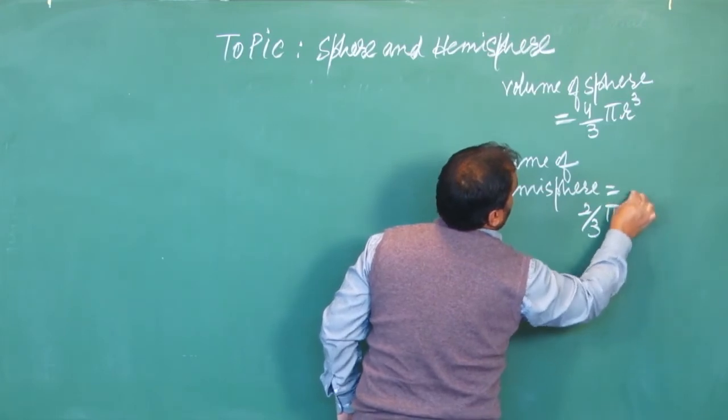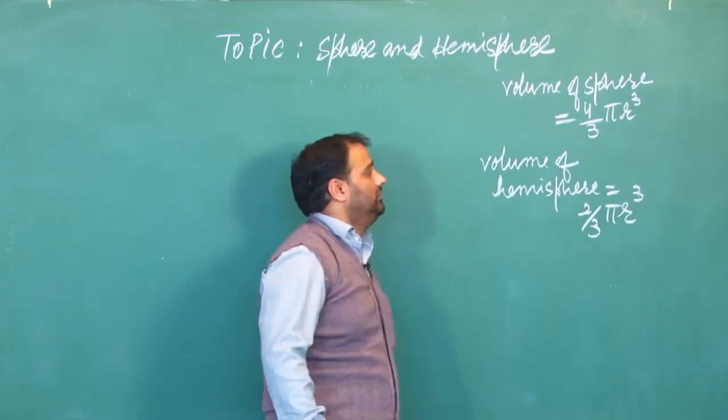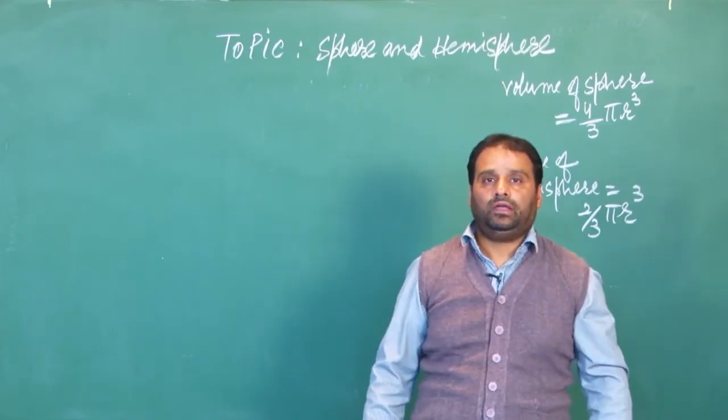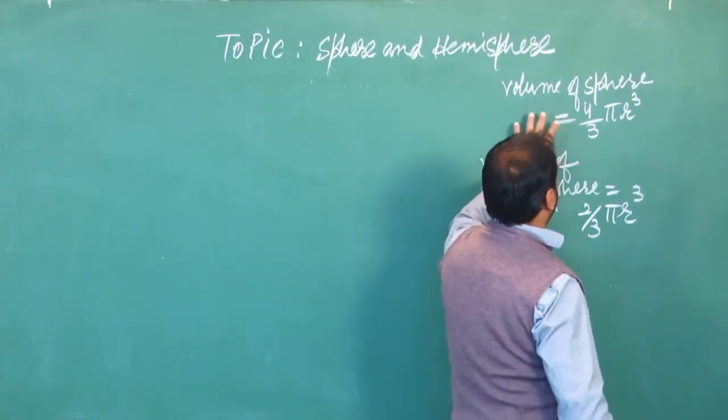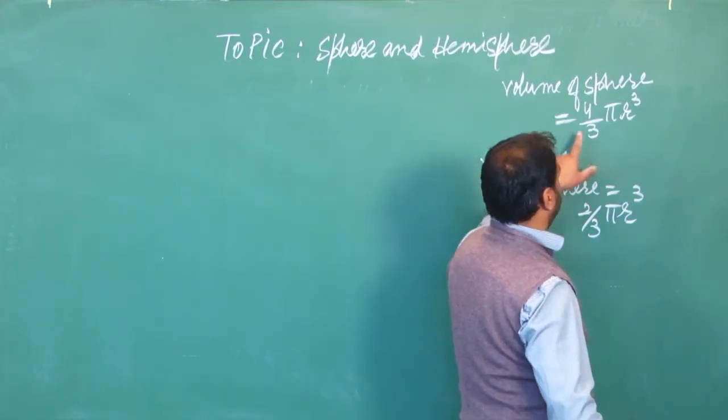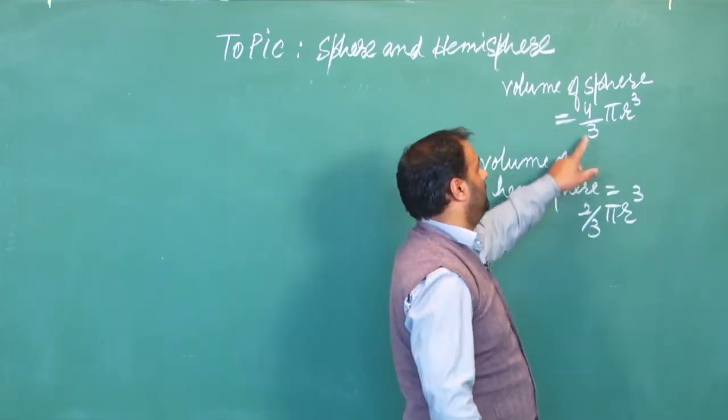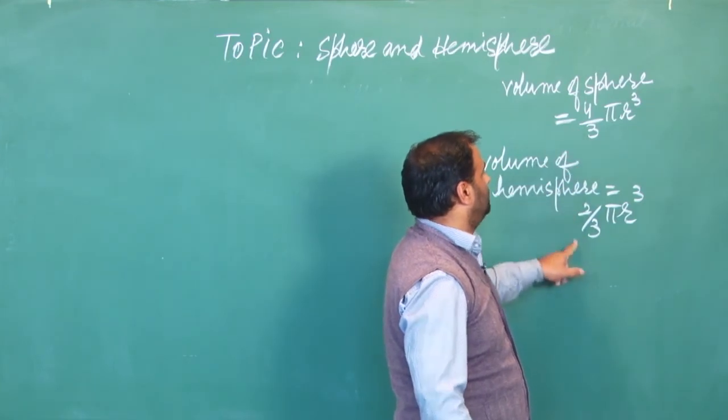Half of the sphere is a hemisphere, so dividing the volume of the sphere, 4 by 3 pi r cube, by 2, we get 2 by 3 pi r cube.